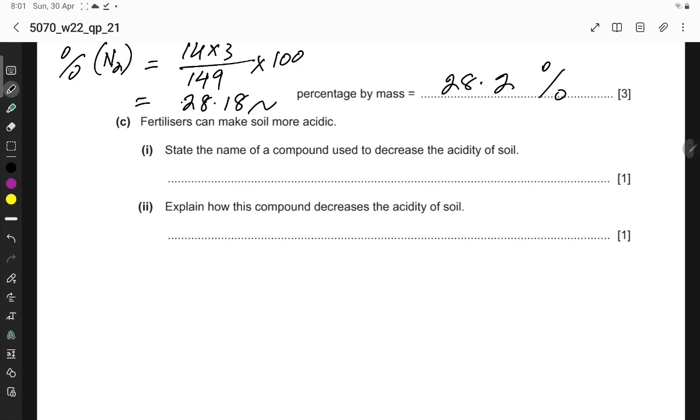Fertilizers can make soil more acidic. State the name of the compound used to decrease the acidity of soil. Calcium hydroxide. Explain how this compound decreases the acidity of the soil.